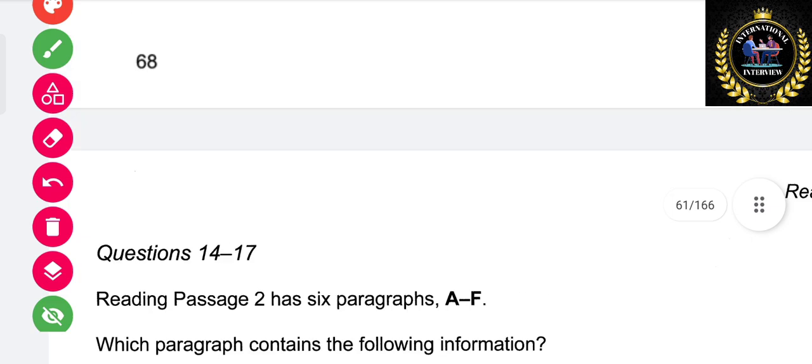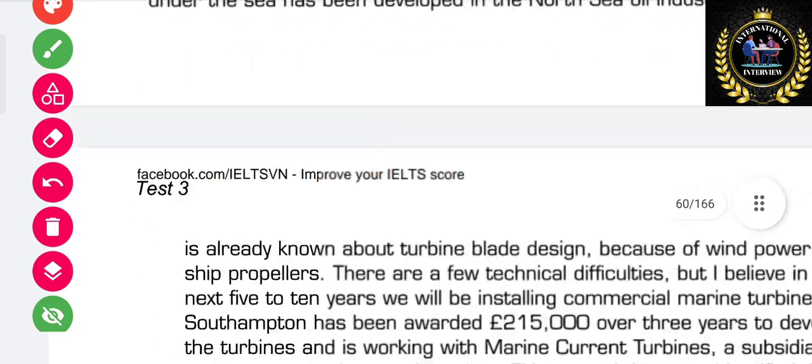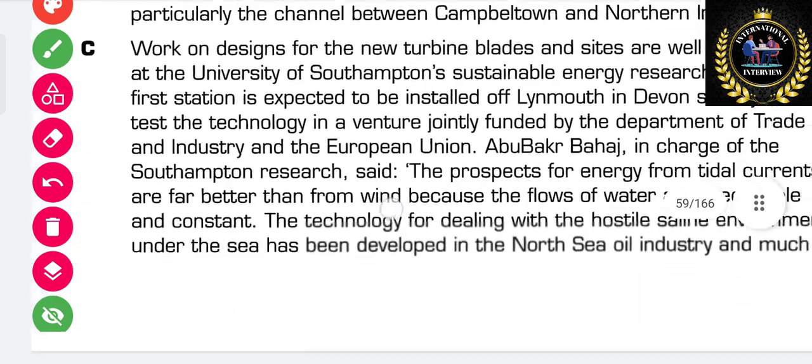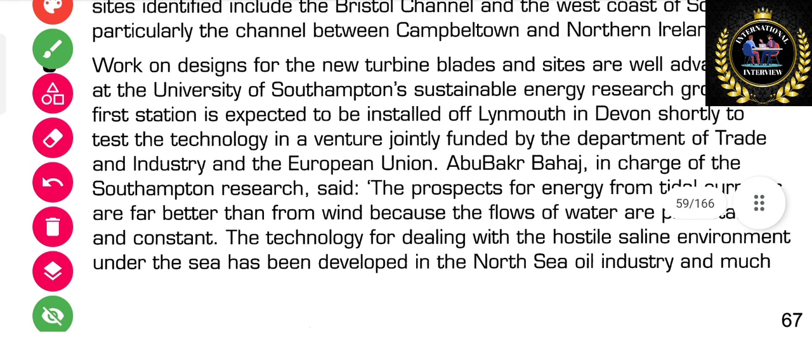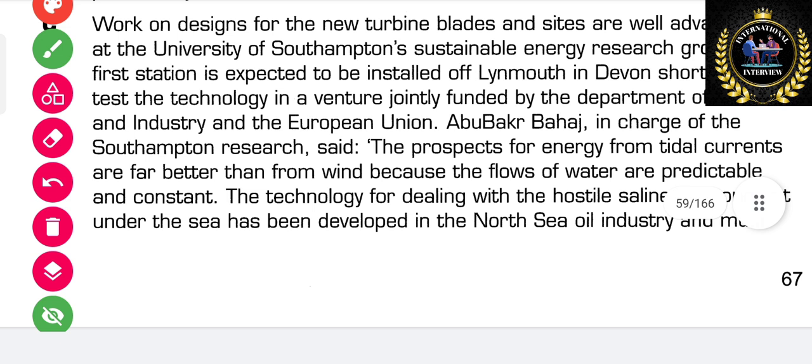So we go to the paragraph and we will look for the answer. We'll read paragraph C, where we can get the answer, as I already read this paragraph previously. The question mentioned the first site, so we will look where it is. After reading this paragraph, we came to know that our answer starts from here.